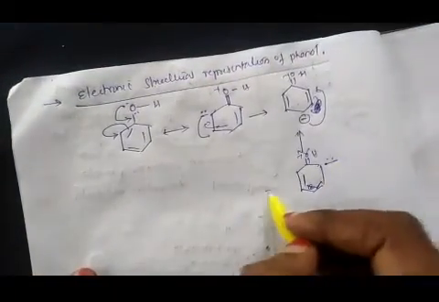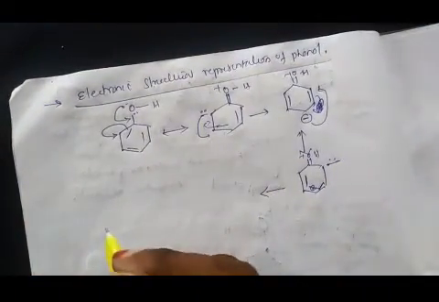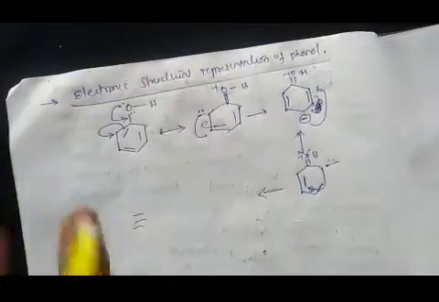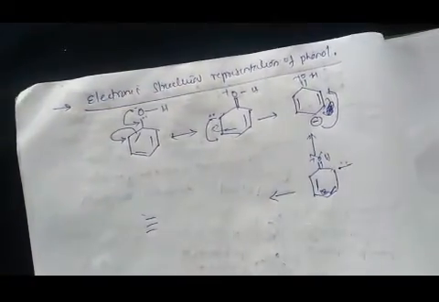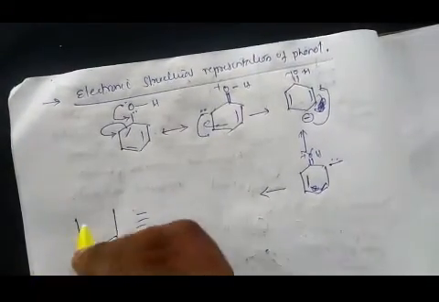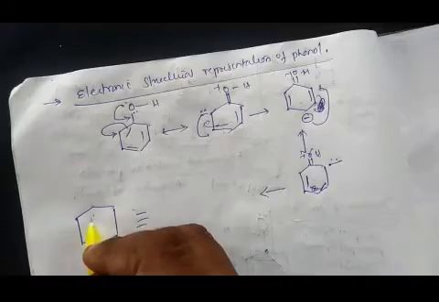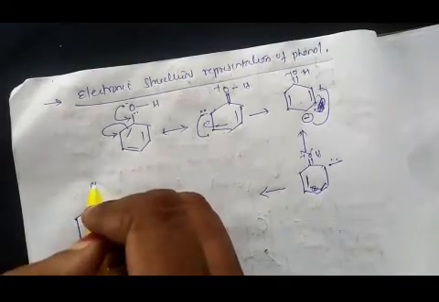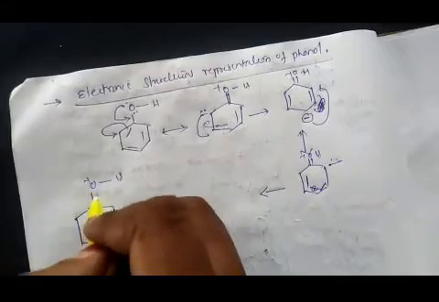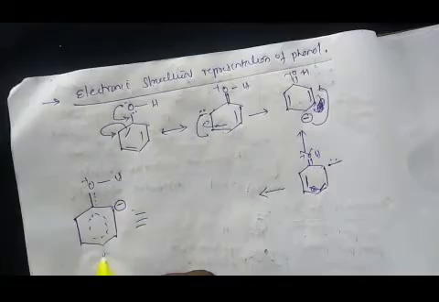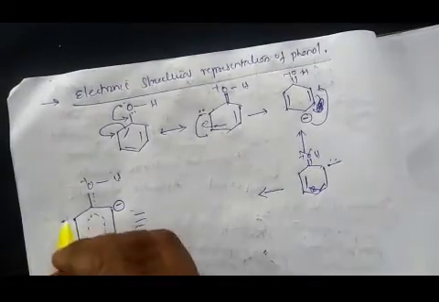Don't write this arrow, it's a wrong representation. These hybrid resonance structures are simply represented as one form, a benzene ring with extra conjugation, with OH plus partial bonding and the possibility of negative charge at the ortho and para positions.